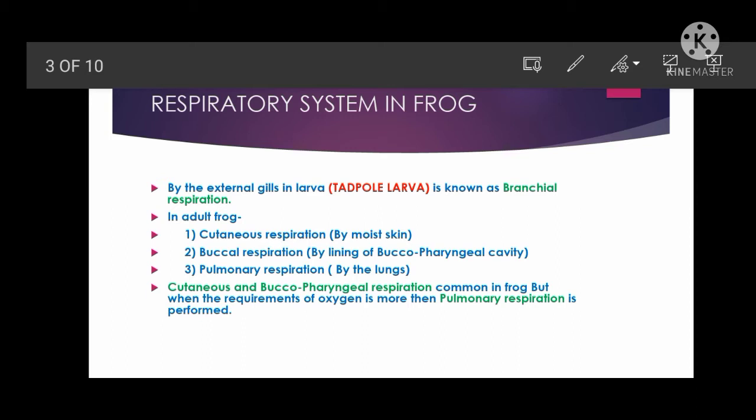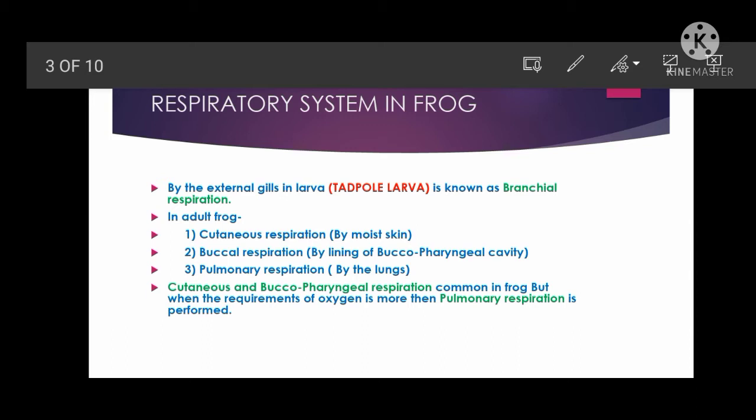The adult frog has an amphibious character, means it can live in water and also on land. So there are three types of respiration in the adult frog. The first is cutaneous respiration, which is conducted by the moist skin of the frog.